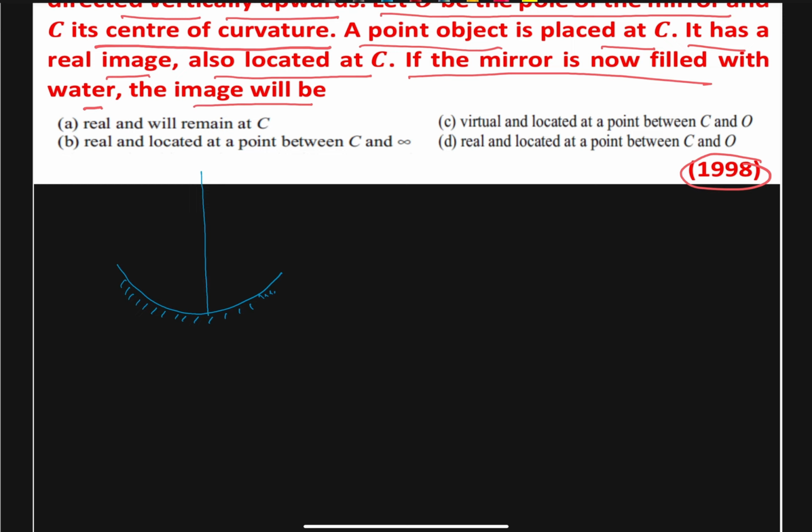So this is our object, that is our C. So obviously the ray of light will be traveling in this direction, and same on the other side also. But for the final condition, it is said that it is being filled with water. Okay, so now it is filled with water.